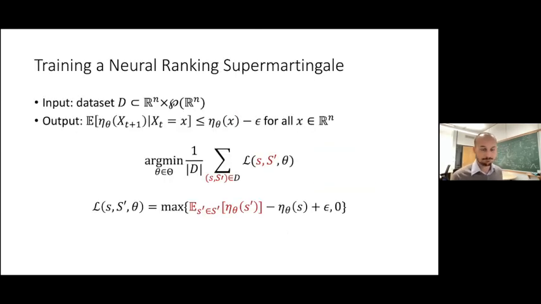Now we want to talk about an expected value. So this means taking a bunch of successors and taking the statistical expected value. What is it? The average value. So if the average value of the function decreases, then this is a ranking supermartingale.